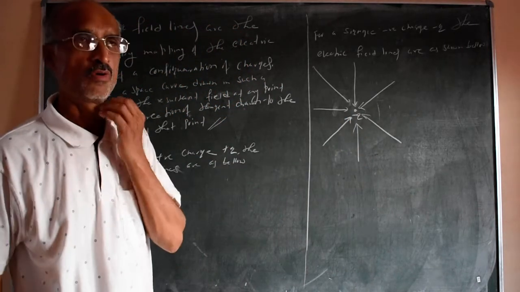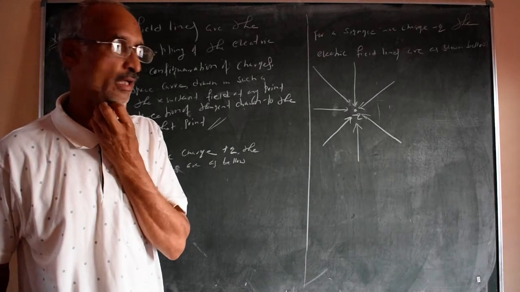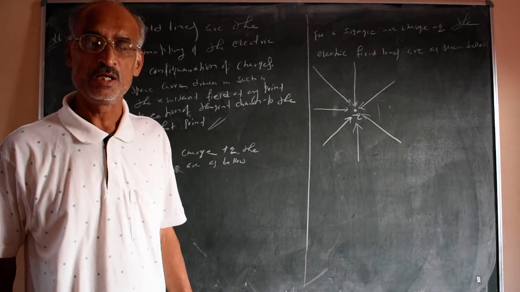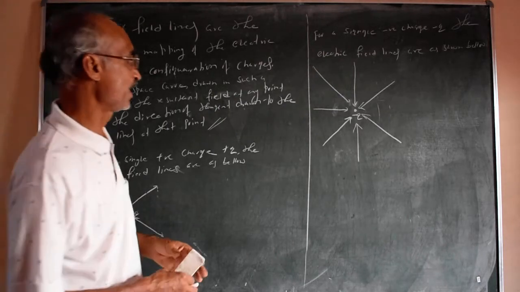For a pair of charges with opposite polarity, plus Q and minus Q, the field lines are as below.